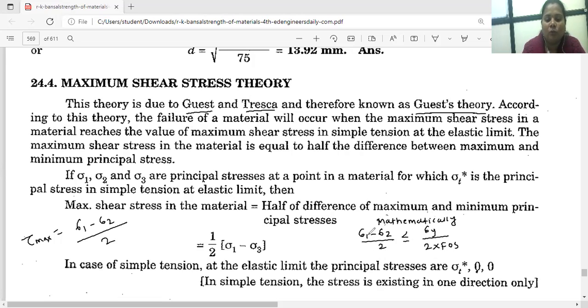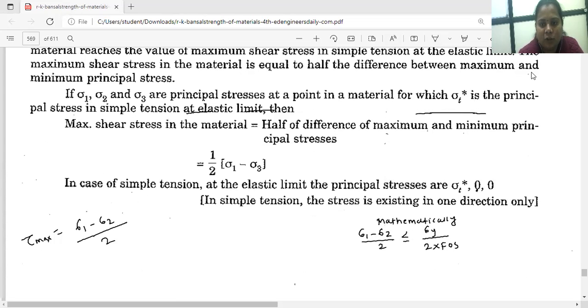Okay. So how to find out maximum shear stress? Already you know that. Tau max is equal to sigma 1 minus sigma 2 divided by 2, which should be less than or equal to the yield value.